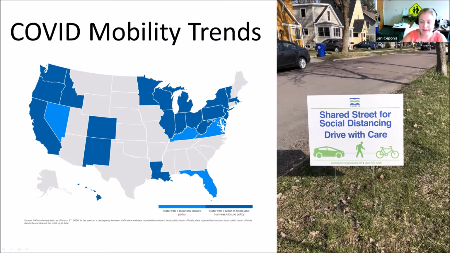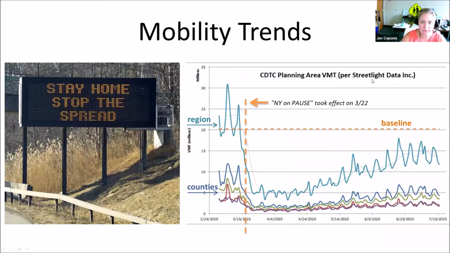And at CDTC, we've been monitoring and compiling as much data as we can locally and watching other trends statewide and nationally as information becomes available. But this is just some information that we have from the Capital Region and elsewhere.